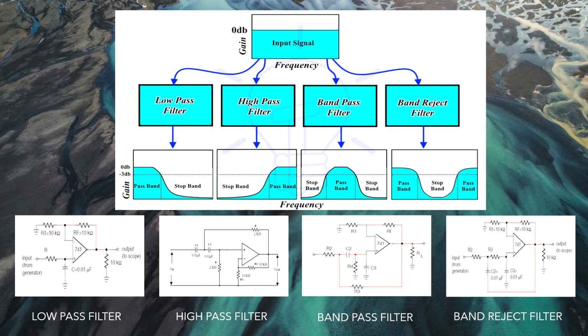It allows low frequency signal and high frequency signal, but it does not allow a fixed band of frequency in between. It also has lower and upper cut-off frequency, and any signal having frequency in between these cut-off frequencies is rejected by the filter.